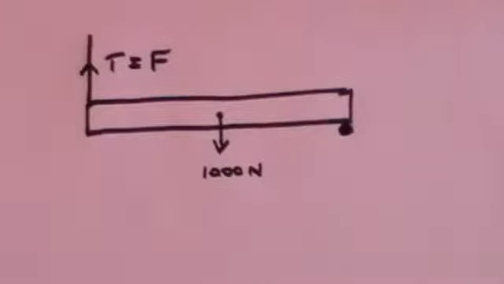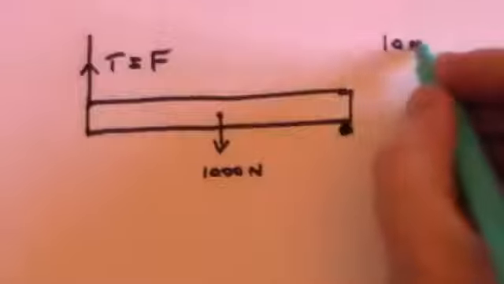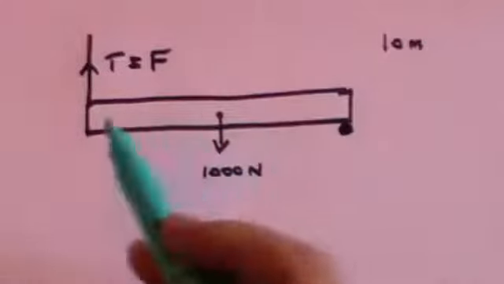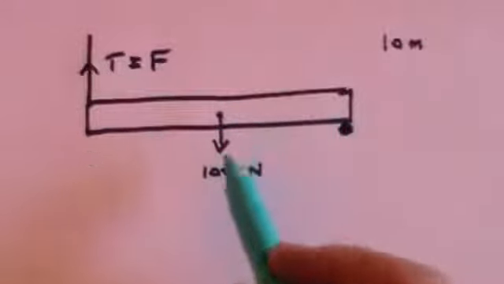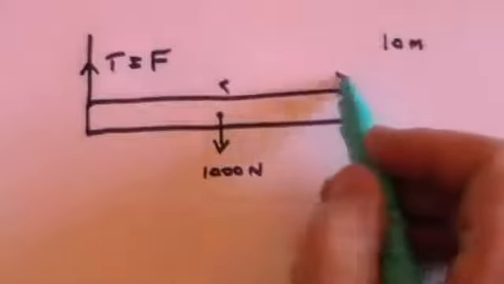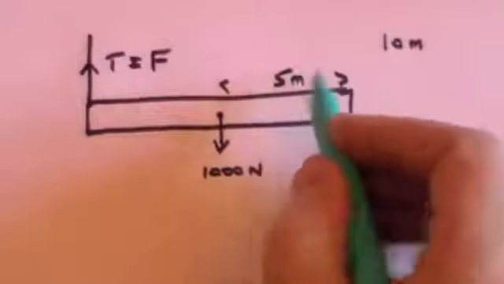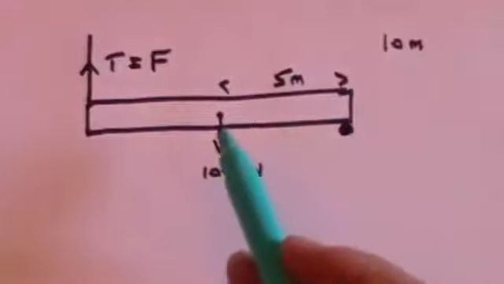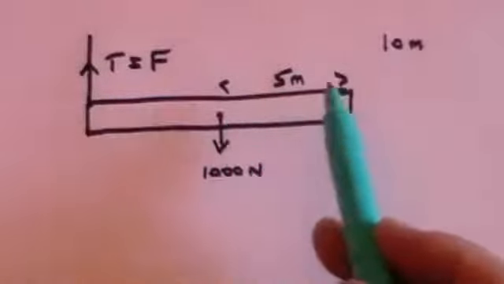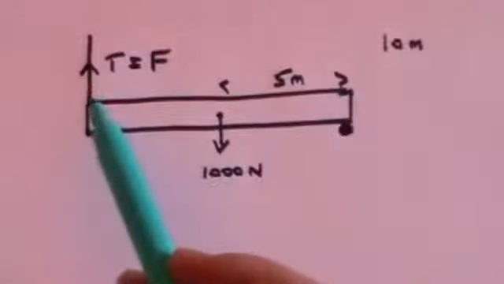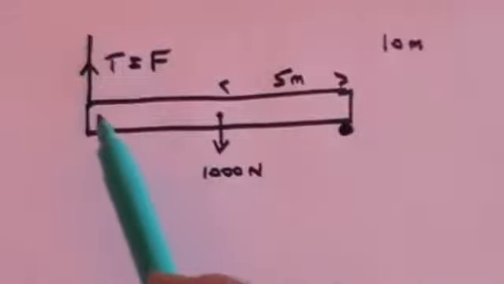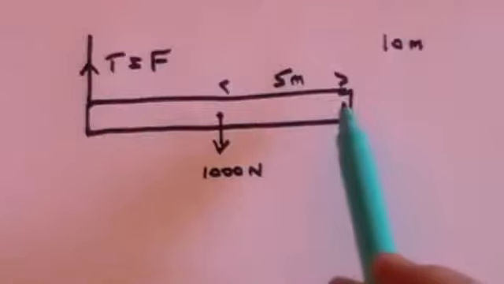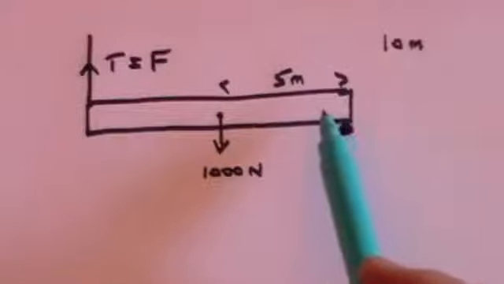It's a 10-metre long girder, which means that if this is the centre of mass, it operates at a distance 5 metres from the pivot point. So essentially we've got a force acting downwards 5 metres from the pivot point, and we've got a force acting upwards which is 10 metres from the pivot point, because that's the length of the girder.